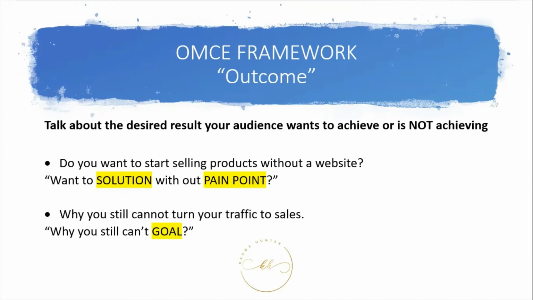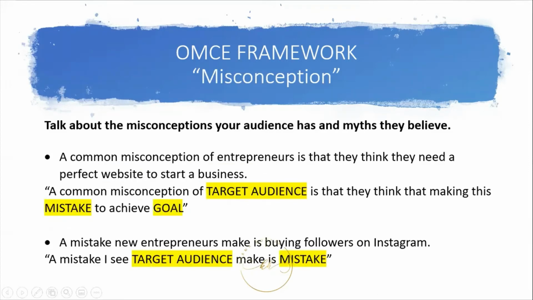And then we are going to talk about the misconception. Talk about the misconceptions that your target audience has and the myths that they believe. An example is, a common misconception of entrepreneurs is that they think they need a perfect website to start a business.